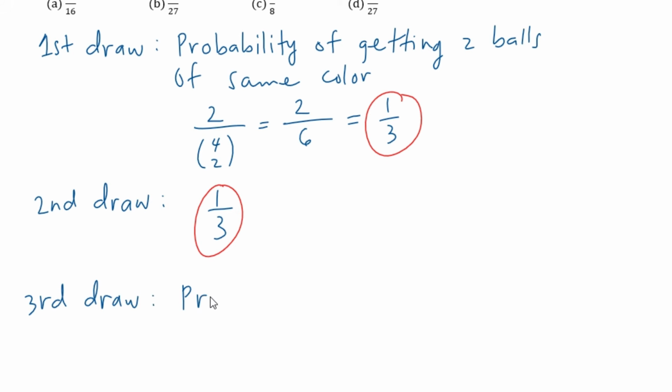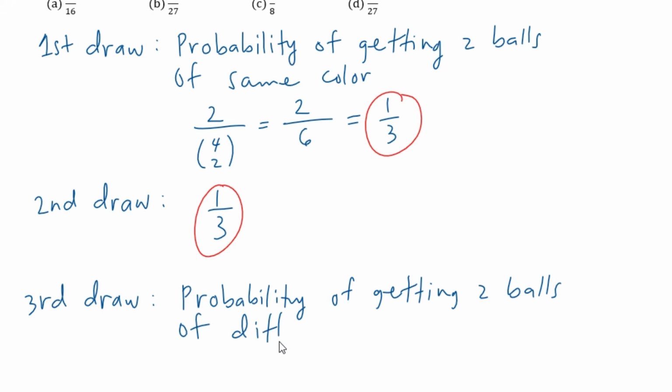Now in the third draw, we will get the probability of getting 2 balls of different colors.